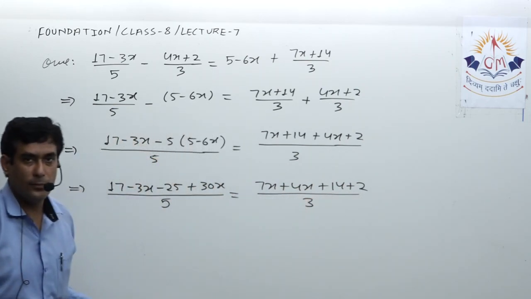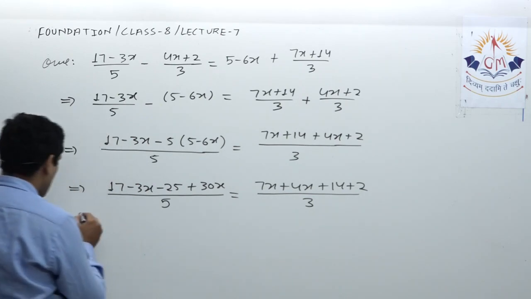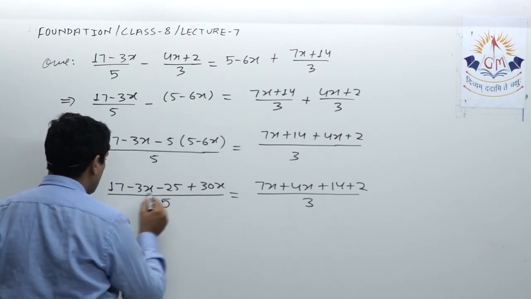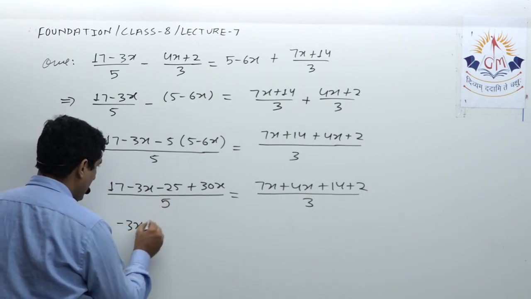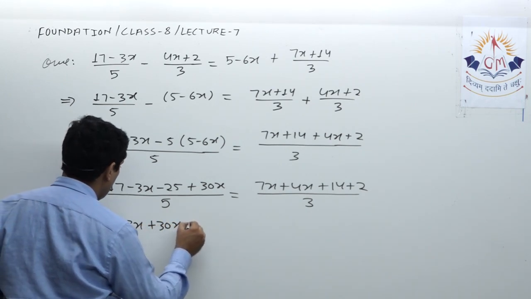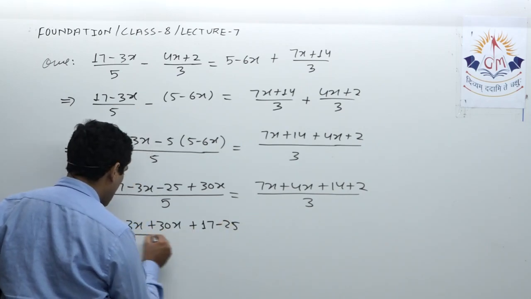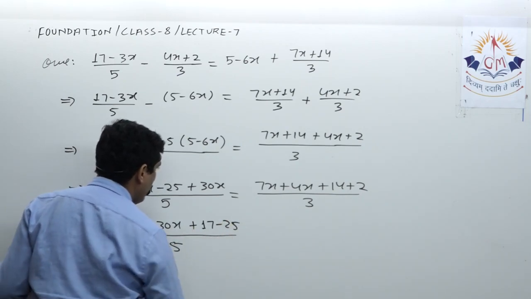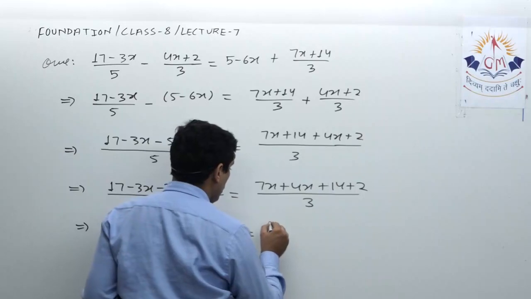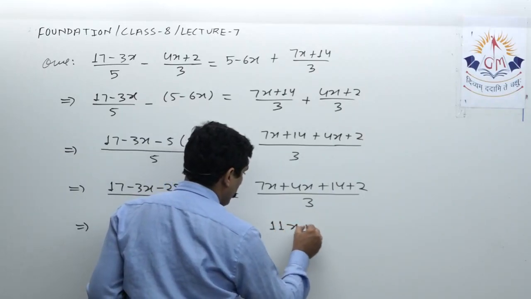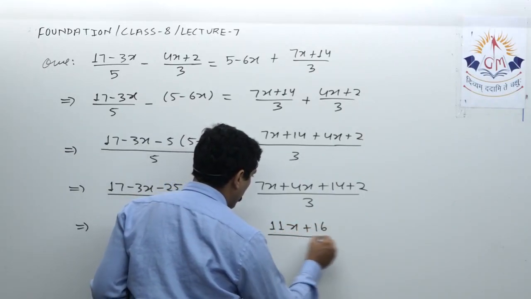I wrote the like terms together. Now over here again I will follow the same thing. So minus 3x plus 30x plus 17 minus 25 divided by 5 is equal to 11x plus 16 upon 3.